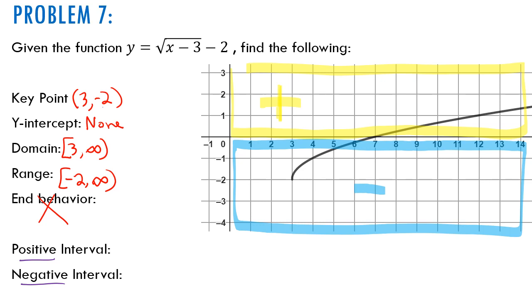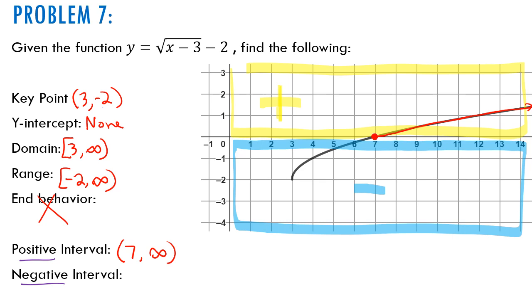So if we're talking about positive, it starts right here and all the way this way. So all that part is the positive interval, which means it starts at 7 and goes to infinity. Now you notice I put a parentheses on the 7, and that's because the 7 is neutral. It's on the x-axis. Positive interval is everything above the x-axis.